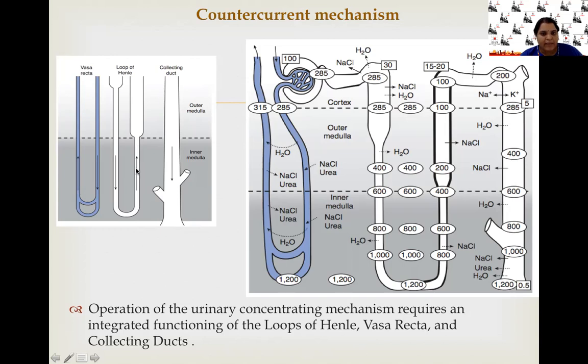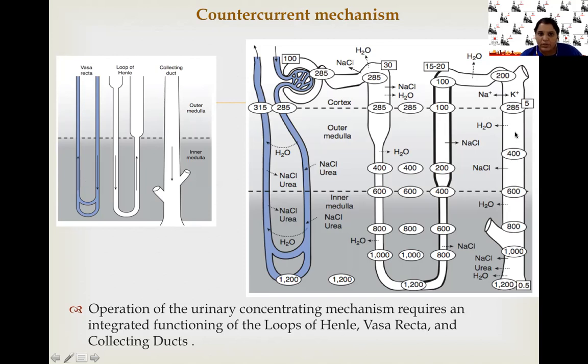The loop of Henle, as I said, has counter current multipliers. That means, suppose your urine osmolarity is 200 here, it becomes 400 here, or 600. That is, it has a multiplying capacity. The vasa recta has a counter current exchange mechanism. That is, it can absorb a certain amount of water or solutes from the surrounding capillaries.